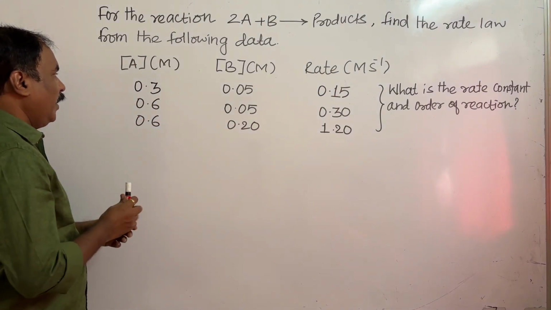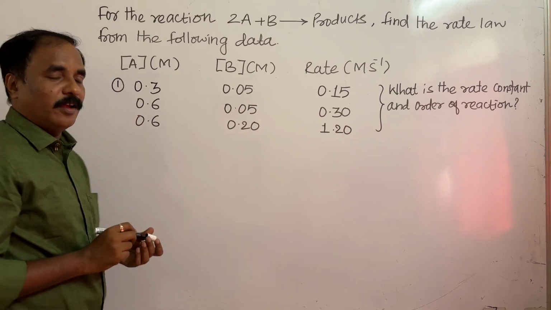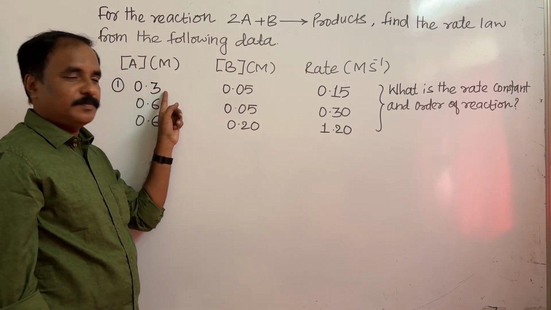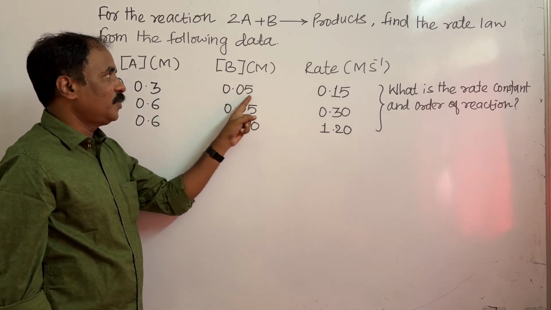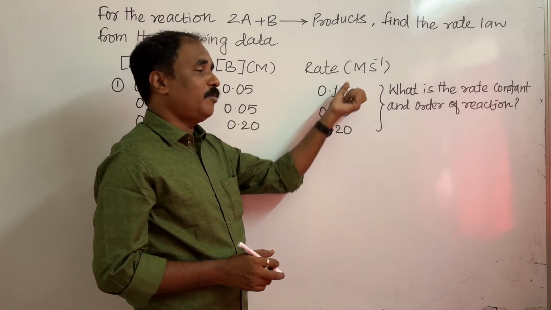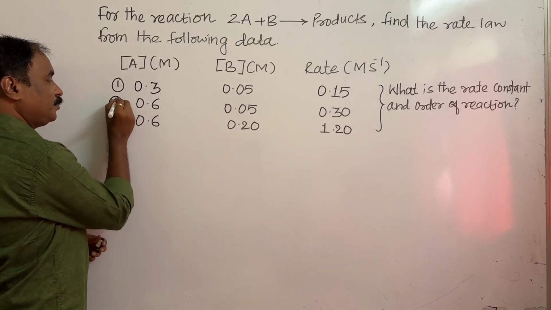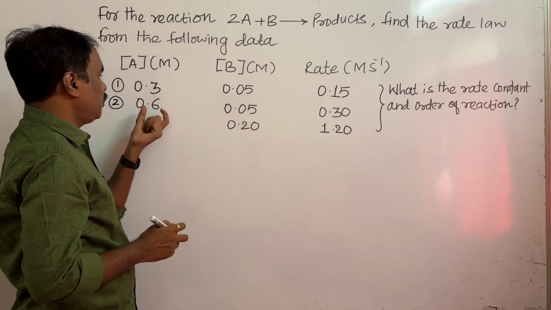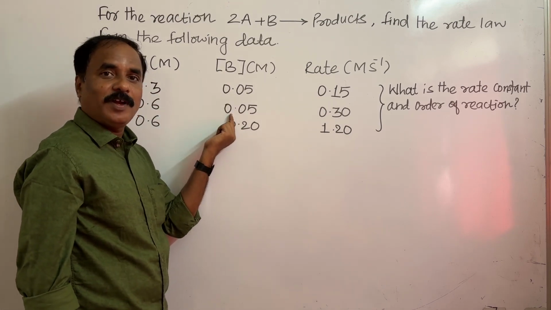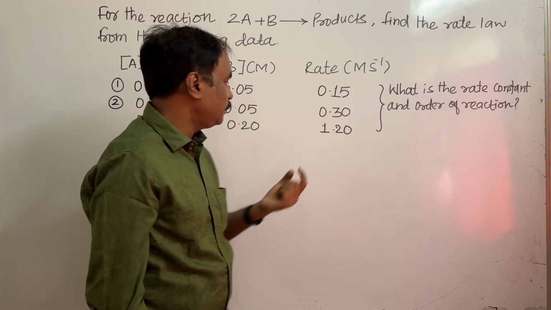In experiment number 1, this is the first reading. Here the concentration of A is 0.3 molar, while the concentration of B is 0.05 molar, and the rate of reaction is 0.15 molar per second. Reading number 2: when the concentration of A is 0.6, the concentration of B is the same, 0.05 molar, so the rate of reaction is 0.30 molar per second.